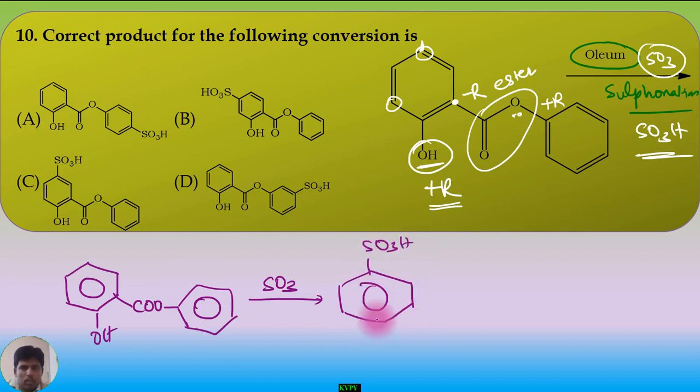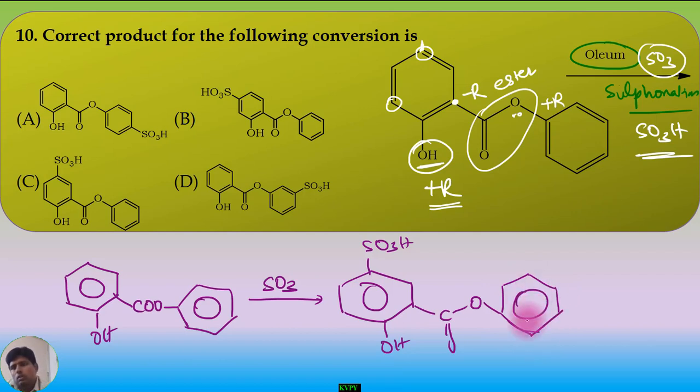SO3H will form, and it will be OH here, C double bond O. This is our other ring. So this is going to be the product. If you look at the options here, SO3H cannot be here. This is not possible. This is also not possible. This is the correct position. So option C should be the answer.